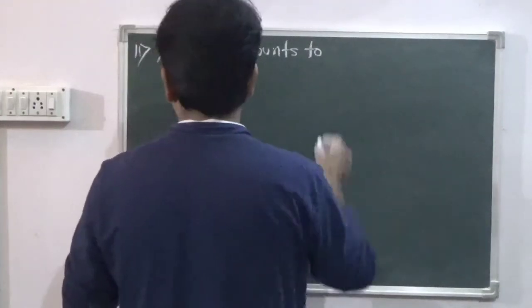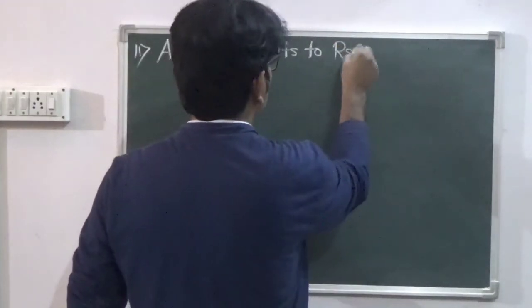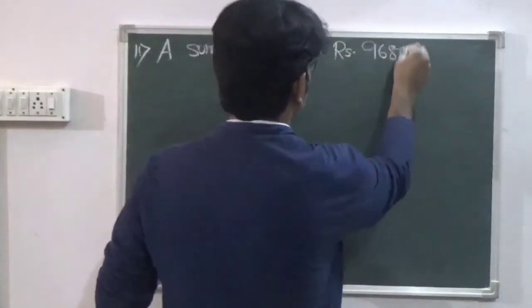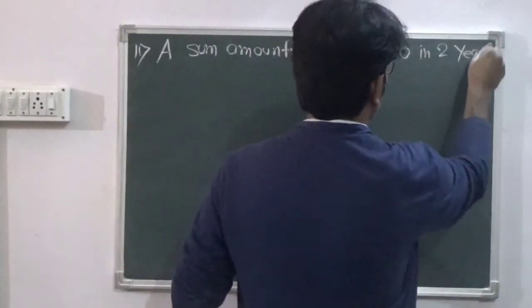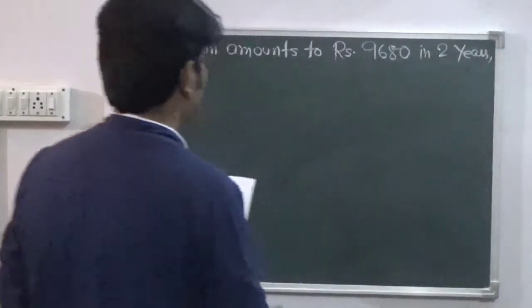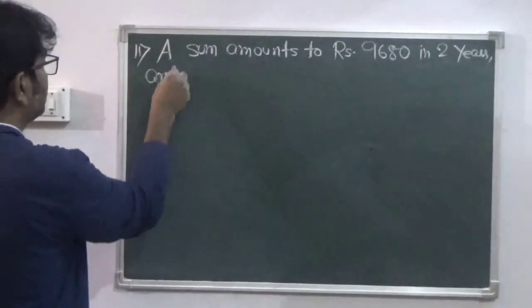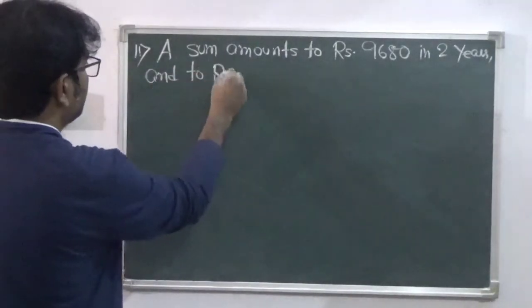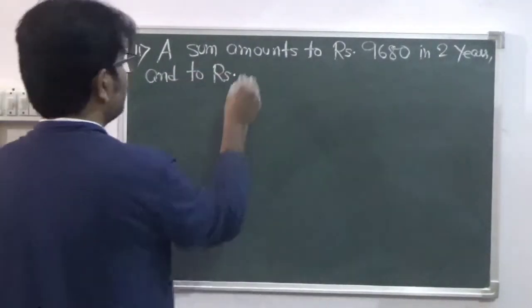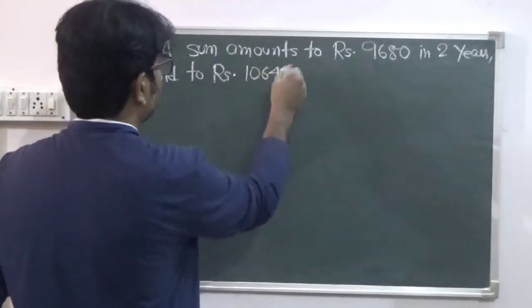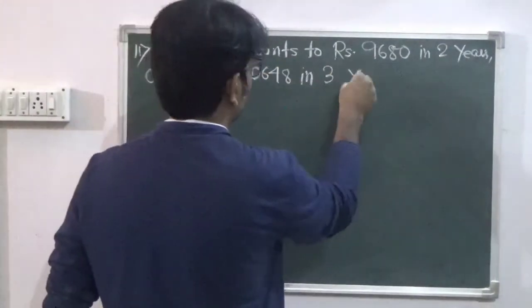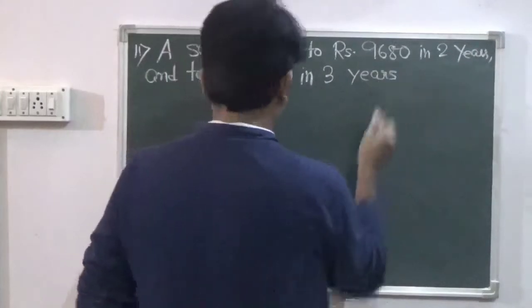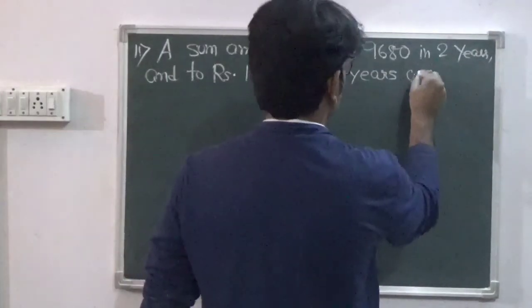A sum amounts to rupees 9680 in 2 years and to rupees 10648 in 3 years, compounded annually.